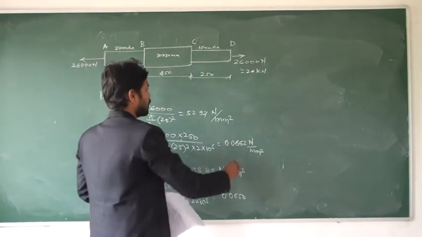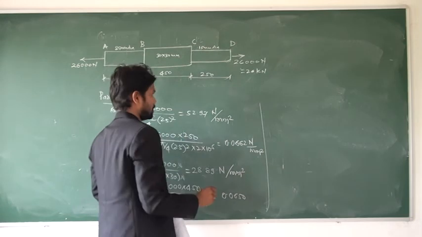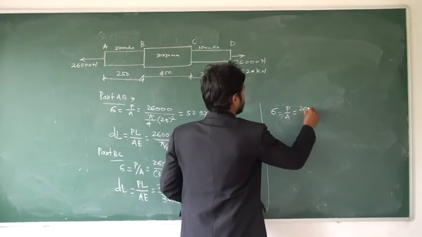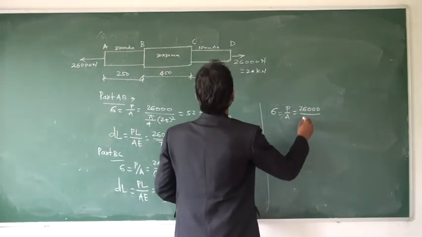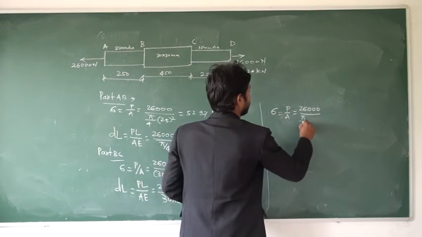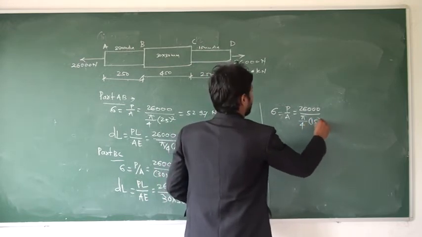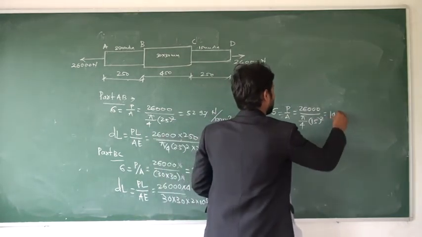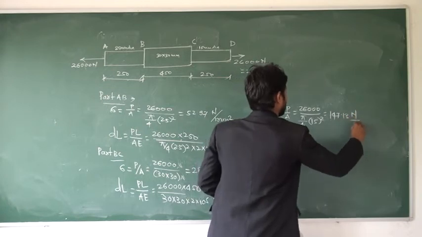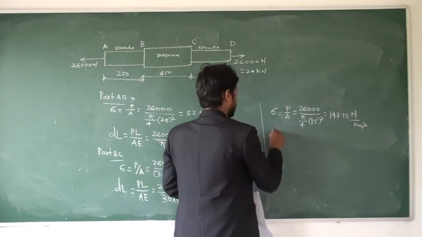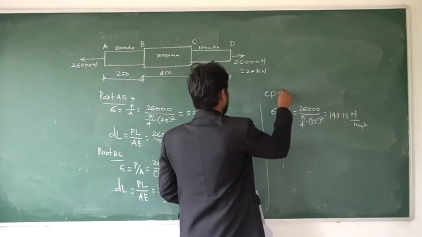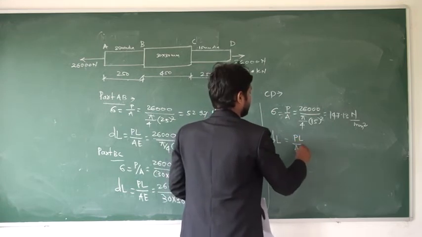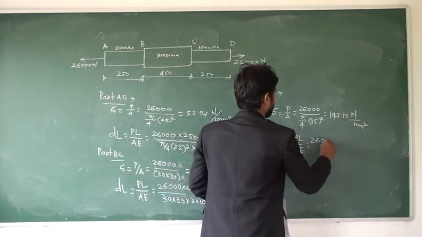Okay. Similarly, for this third part, you will get sigma equal to P by A, the same formula. P is 26000, and the area is cylindrical again, so pi by 4 into 15 squared. So this is equal to 147.13 Newton per mm square. Similarly, this is part CD. dl is PL upon AE. E remains the same.